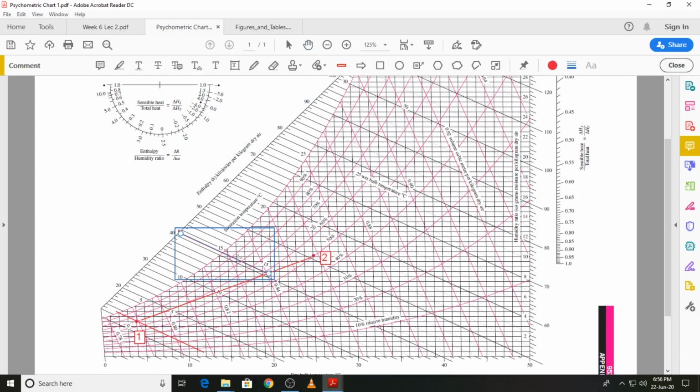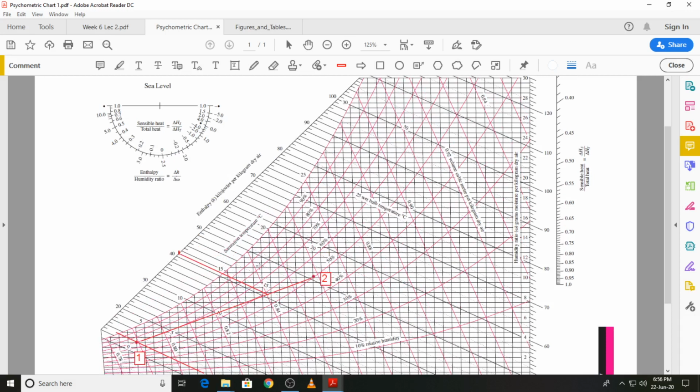This line, I will draw the 15 degrees C wet bulb temperature line first. This is a 15 degree C wet bulb temperature line.